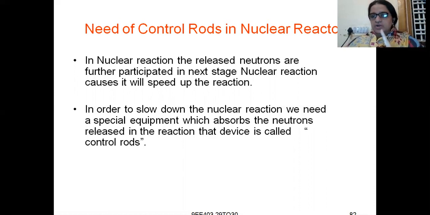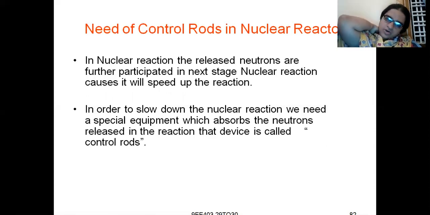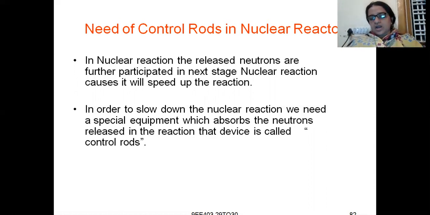We need a special equipment in our nuclear reactor which absorbs the neutrons released in the reaction. That device is called a control rod. Control rods are the part of the nuclear reactor which controls the nuclear reaction.